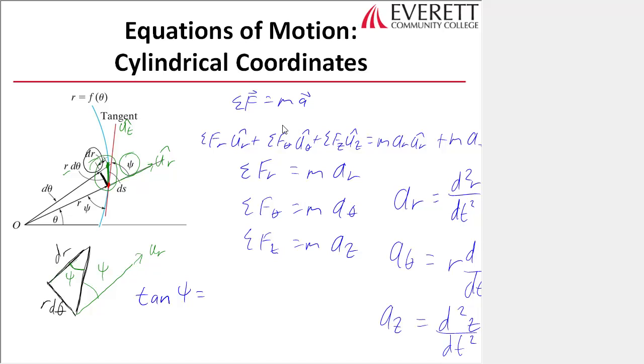Tangent of psi is going to be equal to r d theta over dr, which is equal to r over dr d theta. I just divided by d theta on the bottom. Why? Because I can find both of these. I can find r and I can find dr d theta. dr d theta is just the derivative of r with respect to theta. So if I can find r and I can find dr d theta, I can find psi. Why do I need psi? Because I need to be able to relate cylindrical coordinates to the path. I need to be able to relate cylindrical to normal tangential.